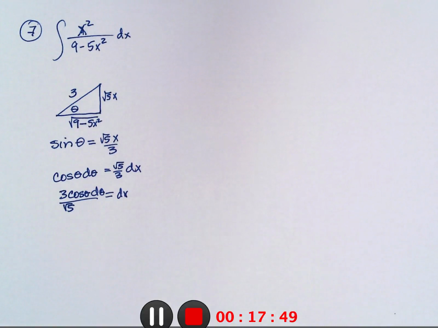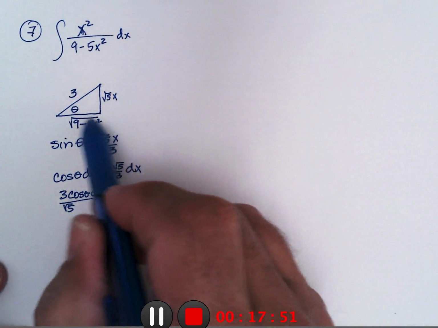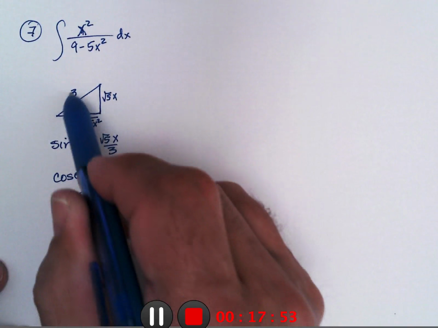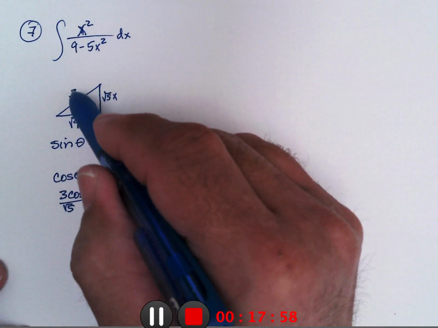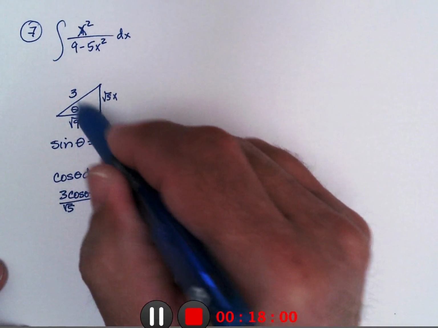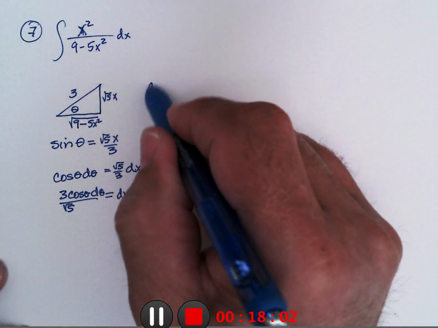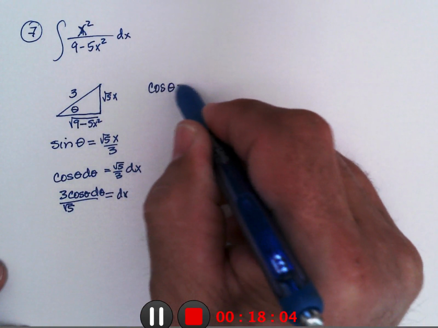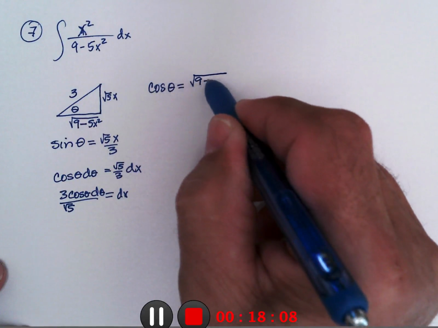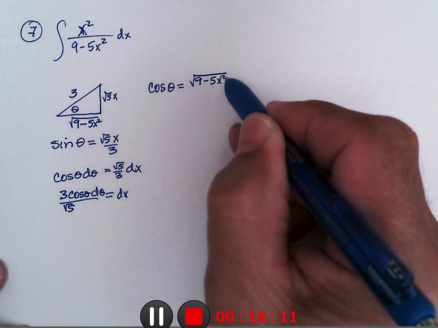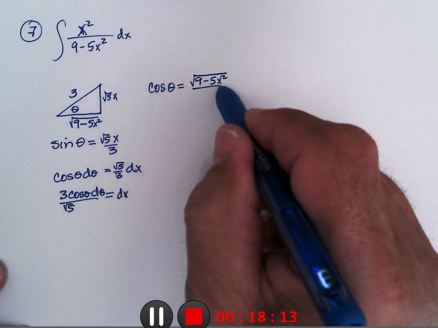But I also need an expression for this, and I could go with this or with that. I'm going to go with this. Simpler. So this would be adjacent over hypotenuse, so that's cosine theta is the square root of 9 minus 5x squared over 3.